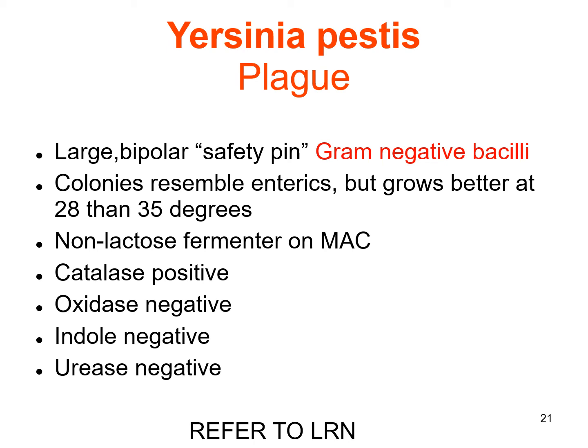The colonies resemble Anthrax when they grow, but they grow better at 28 degrees rather than the normal 35 degrees. Yersinia pestis is a non-lactose fermenter on MacConkey plates. It's catalase positive, oxidase negative, indole negative, and urease negative. Isolates of this organism, similar to the others, would be referred to the Laboratory Response Network.